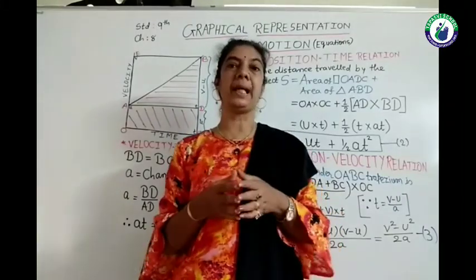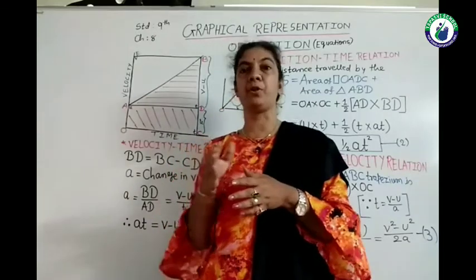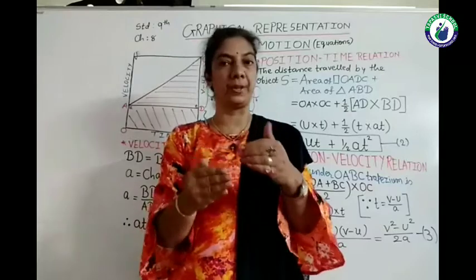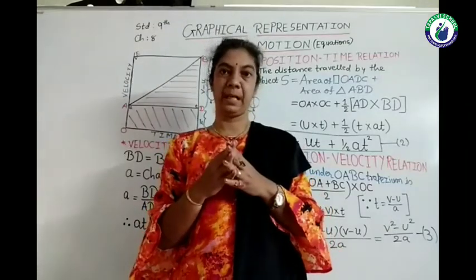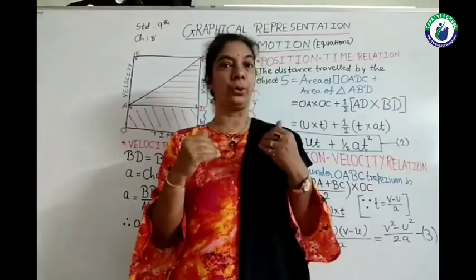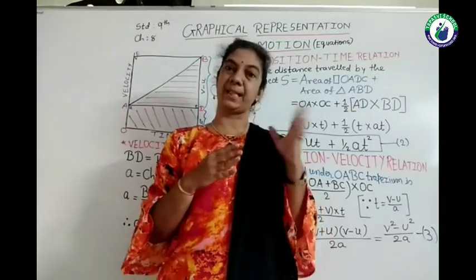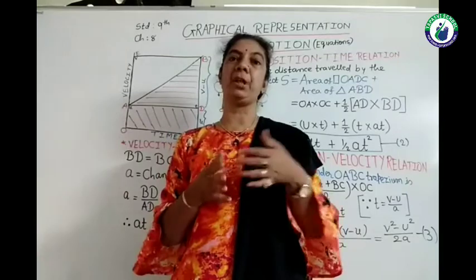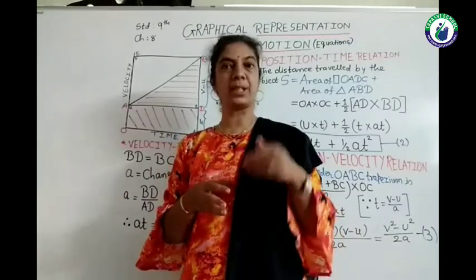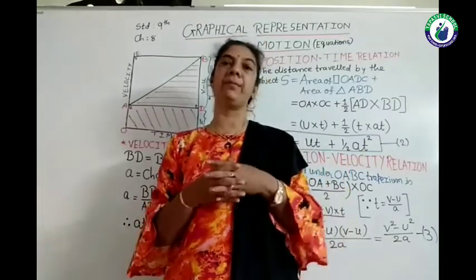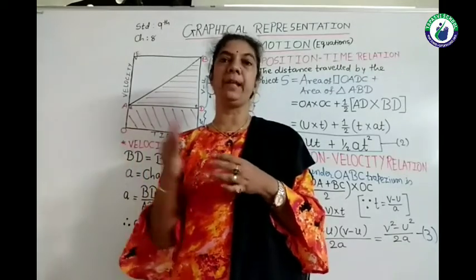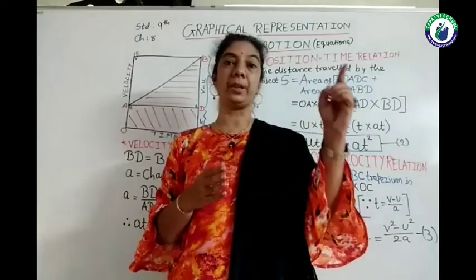In practical life we have different types of questions, different types of situations. Sometimes we know the time when we started. We might know the initial velocity, that means from rest, or we already had some velocity. We know the final velocity and we want to find the acceleration.